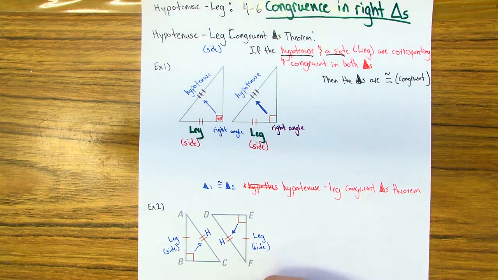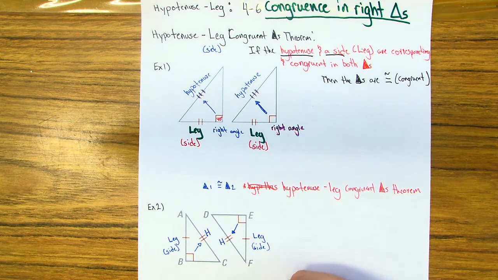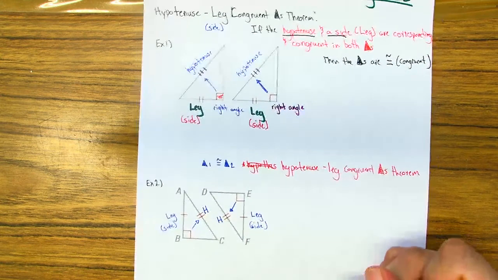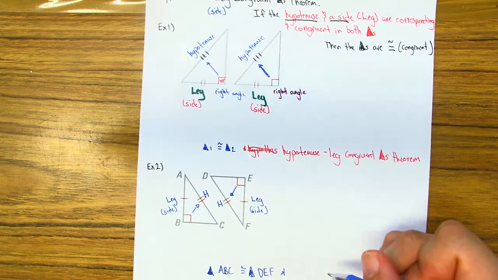So now you can state that triangle ABC is congruent to triangle DEF.